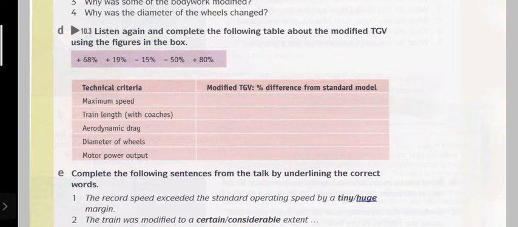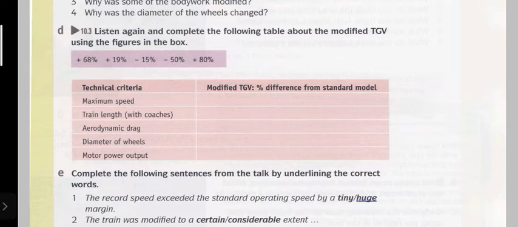The diameter was increased by 19% in order to reduce the speed of revolution, to limit friction and centrifugal force. And the power of the electric motors was substantially higher than the standard units, boosted by 68%. But none of the changes was fundamental. So my point is, standard high-speed trains can be made to go faster by a considerable amount.